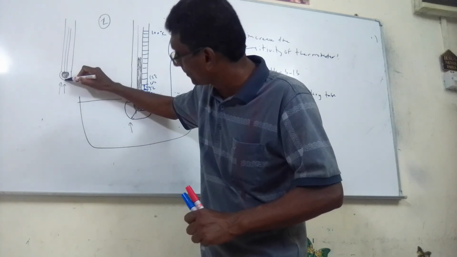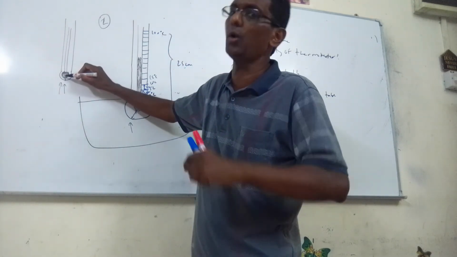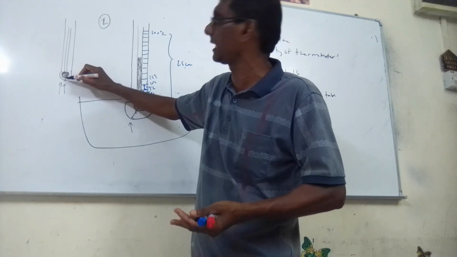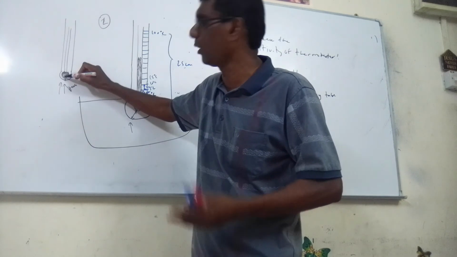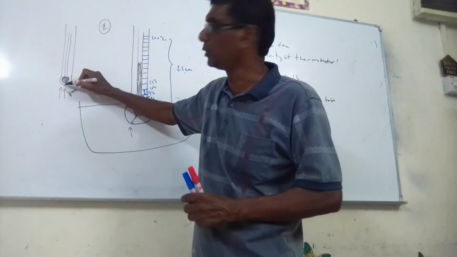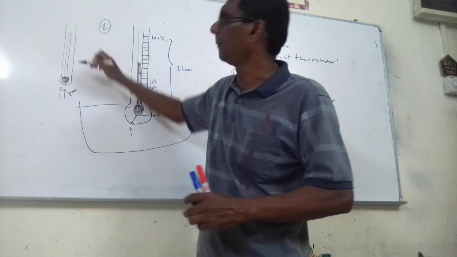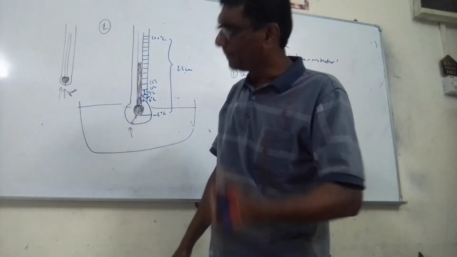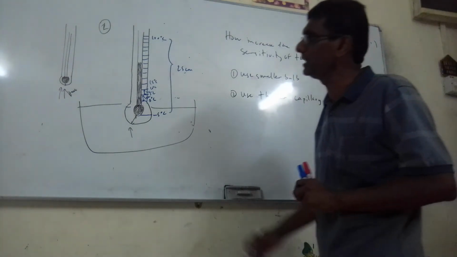The smaller bulb, the mercury receives the heat immediately, or we can say the sensitivity increases. So the heat is transferred quickly to the mercury column.